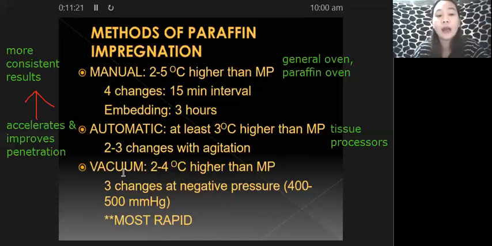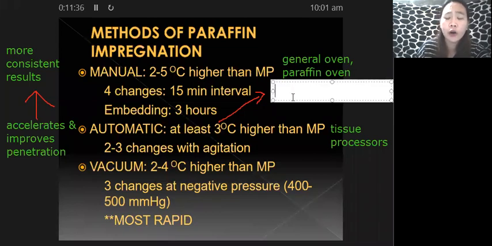Another thing that you have to consider for automatic is, just like what I have mentioned, the duration of your processing, which depends upon the thickness of your sample, just like in manual. I got this from Gregorios.